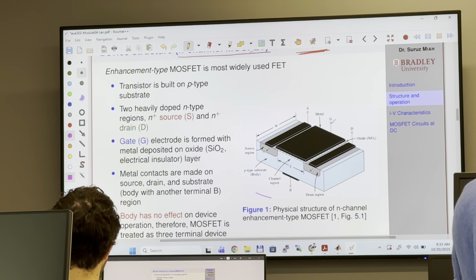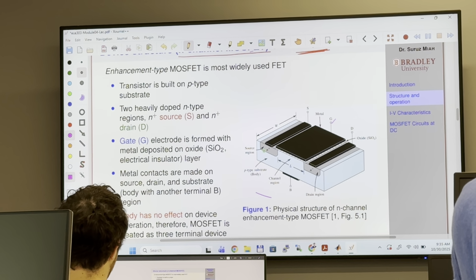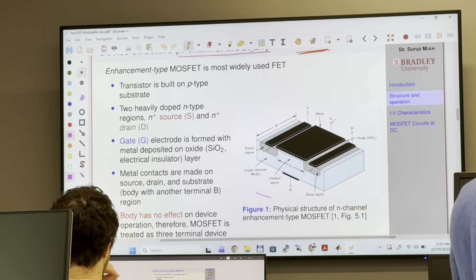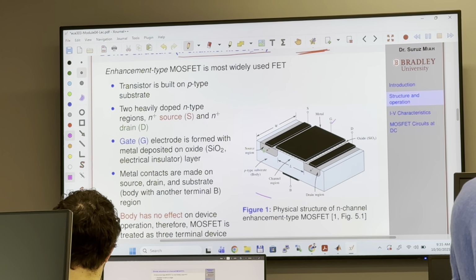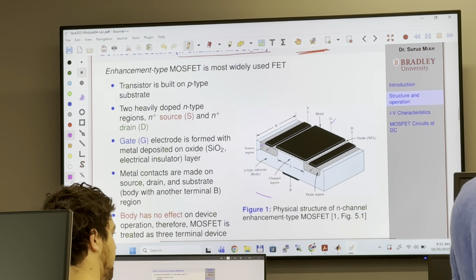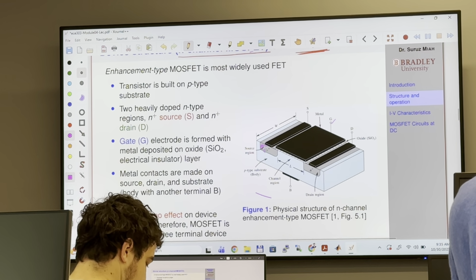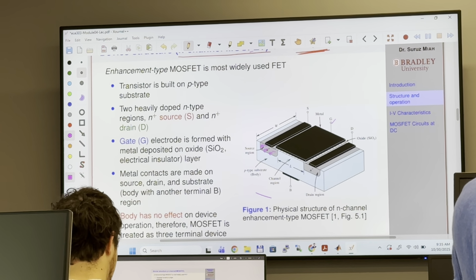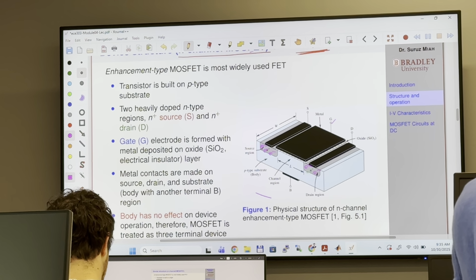N-type materials, what does that mean? You have a lot of electrons, as we went through in chapter 3. So you have a lot of electrons here, e minus, e minus, e minus, and here too.